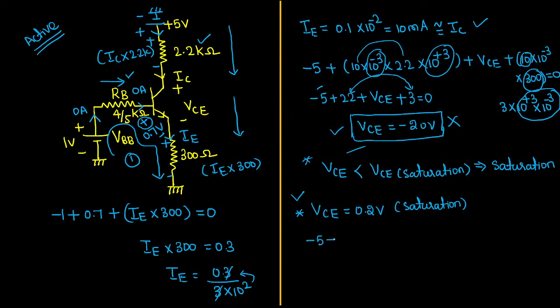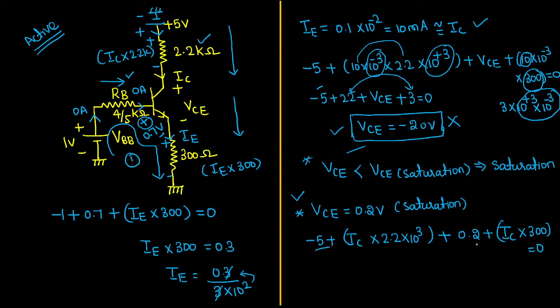Minus 5 voltage plus collector current IC, not known now, into 2.2 kilo ohm resistor, that is 2.2 into 10 power 3, plus collector to emitter voltage 0.2, plus, sir, we know emitter current can be written as collector current IC, so I am directly writing IC into 300 ohm, equal to 0. Shall we reduce the circuit now? Yes, sir.